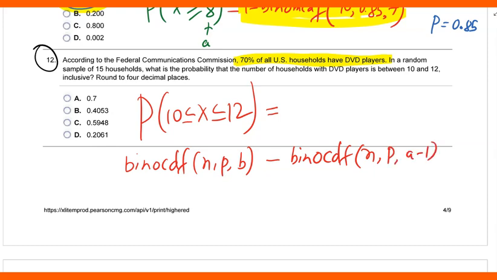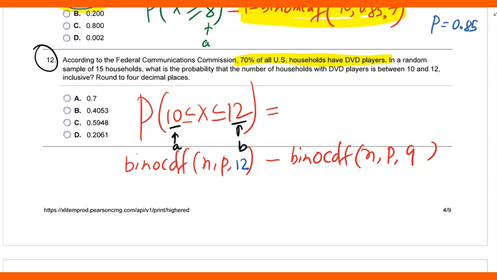Notice that 12 is b and 10 is a. So b must be 12, because b's value is 12, and a minus 1 must be what? This a is 10, so a minus 1 must be 9. Therefore, we got the 9 here.